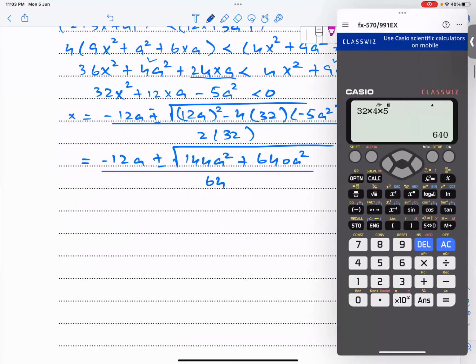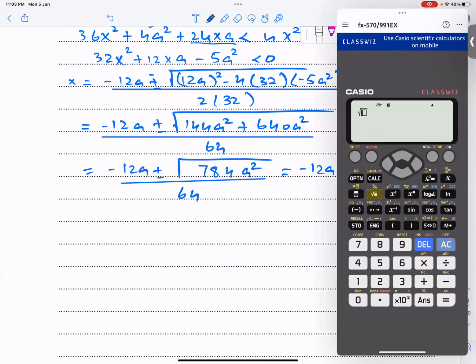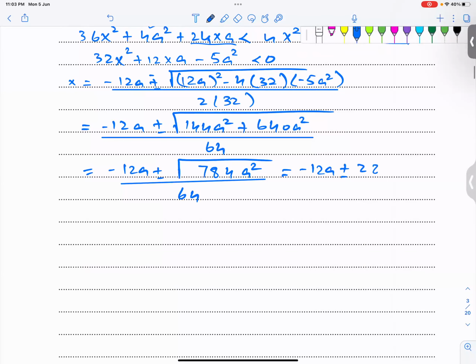So next, 144 plus 640 is 784a square divided by 64. So x is equal to minus 12a plus minus square root of 784, that is 28, and here you can see a square.